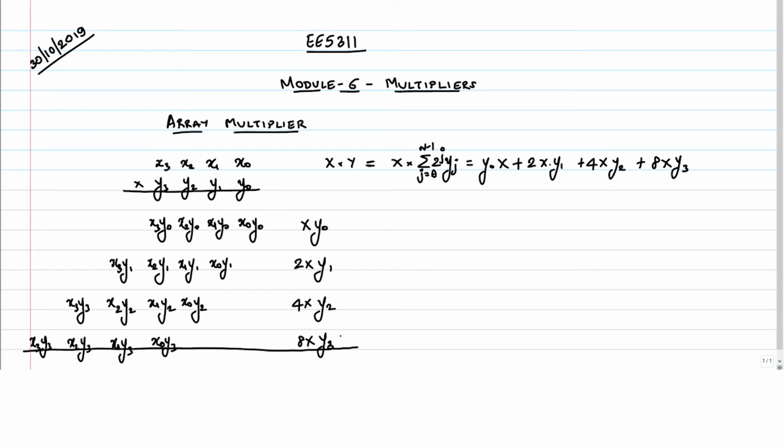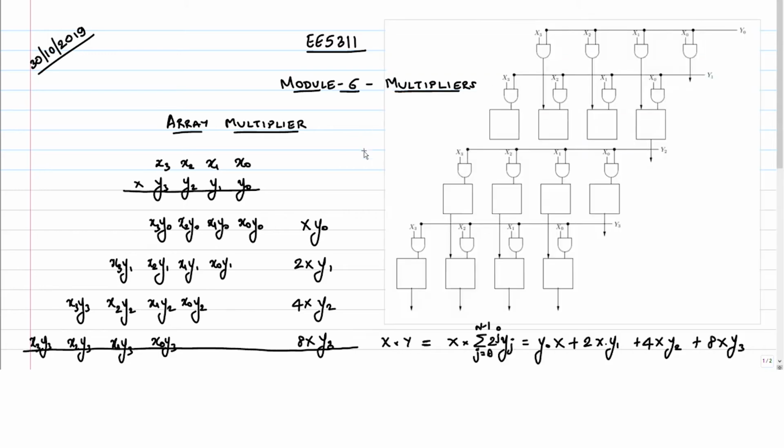Now my task is to place full adders so that I can accomplish this. Now you should tell me what these blocks are, whether half adders or full adders, and how do I cascade and connect them.